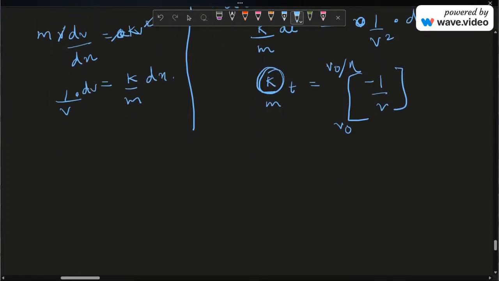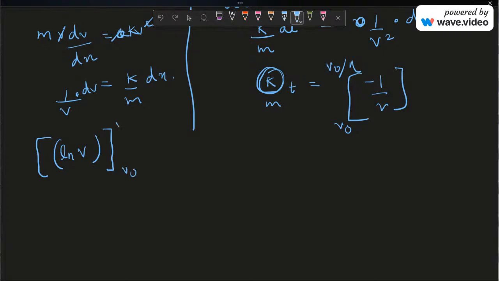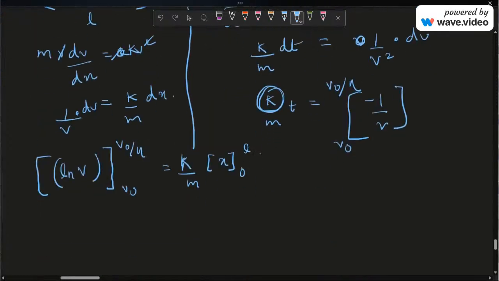Now integrating both the sides. 1 by v will become ln v, and for ln v we put the limits v naught to v naught by eta. At the same time k by m is constant, so k by m dx will become x, and the x limit would be 0 to l, since the length is l.